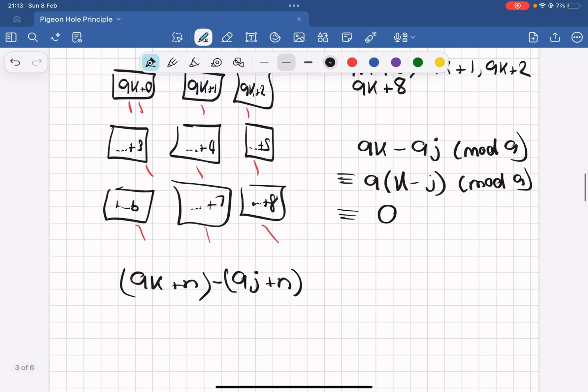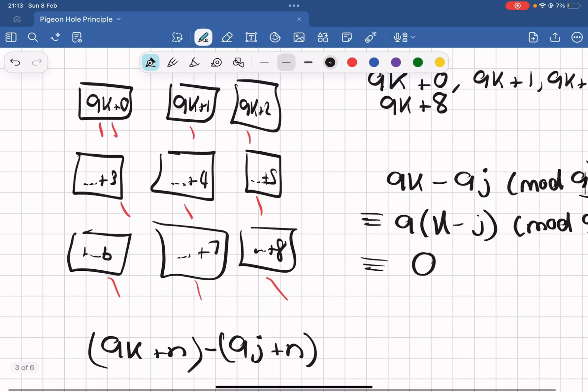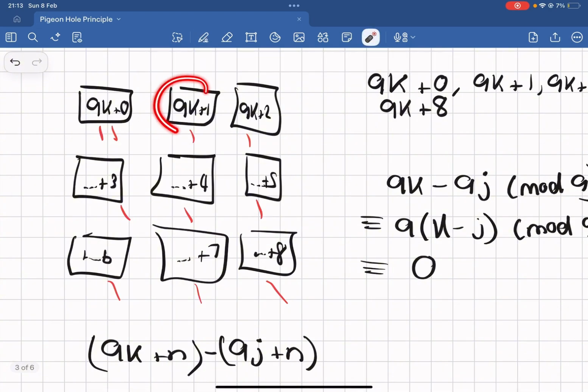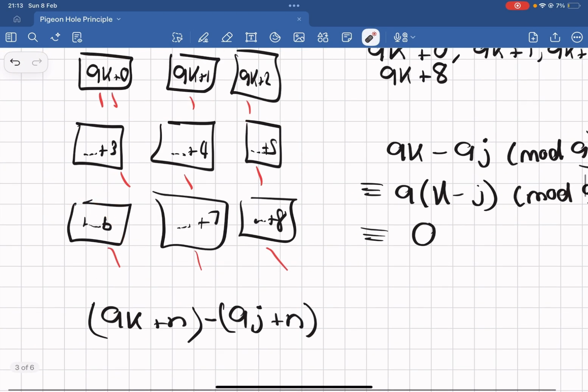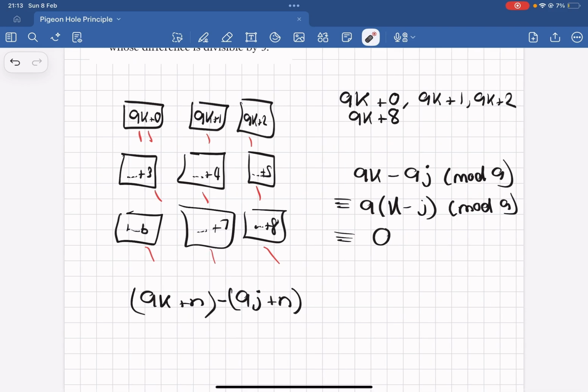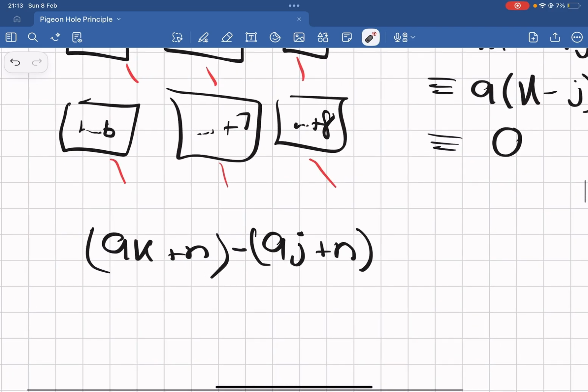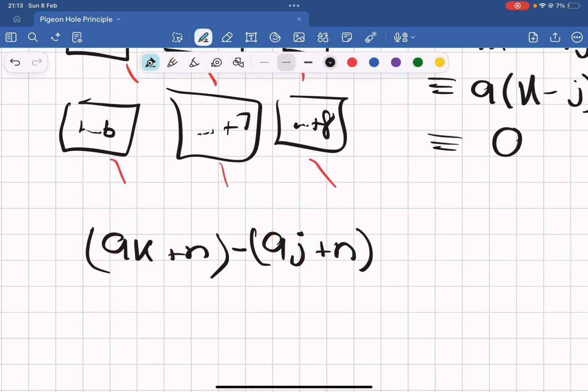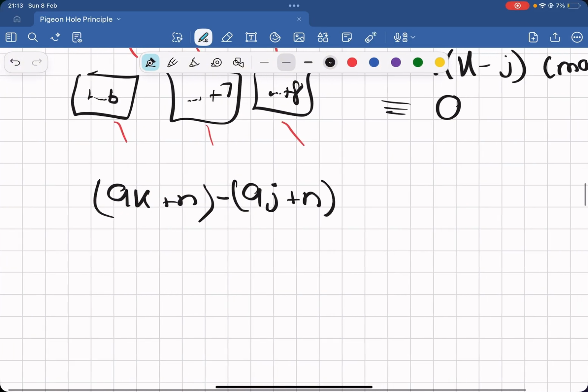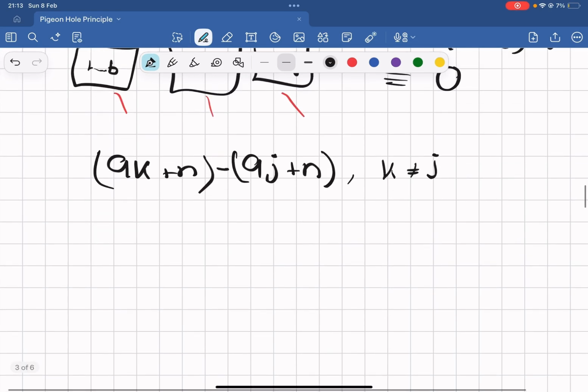So we're working in the same mod class, so we're working within this box, or this box, or this box, except the multiples of 9, k and j, are different. Let's write this where k is not equal to j. Now we're working mod 9, so let's write mod 9.